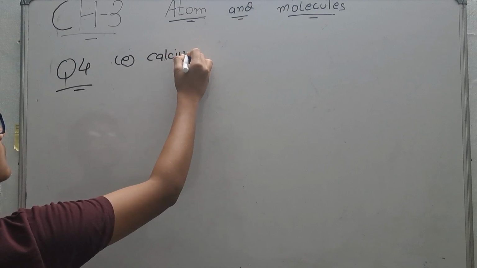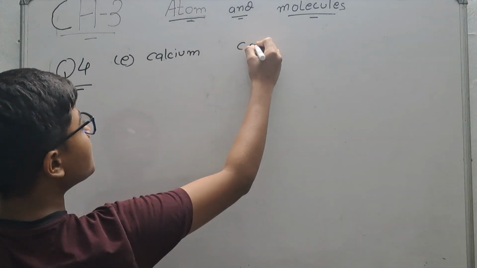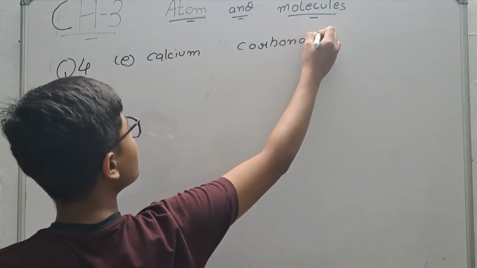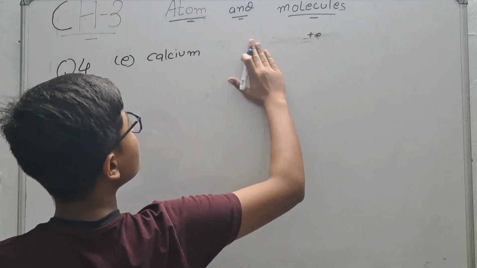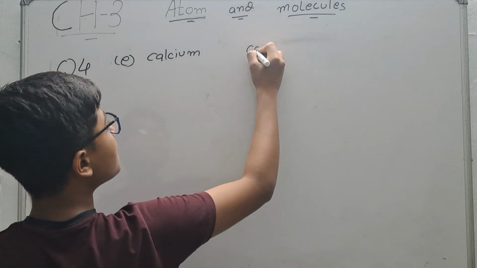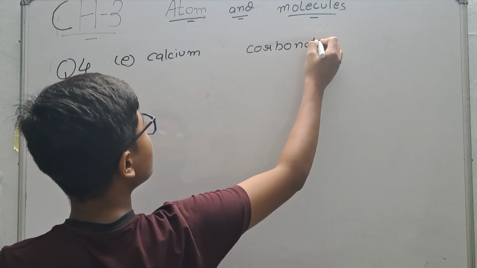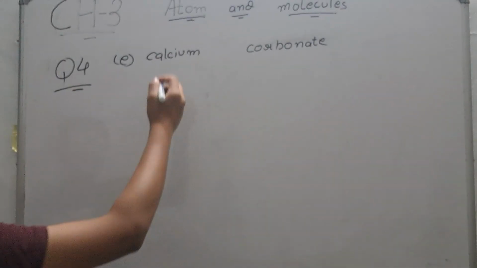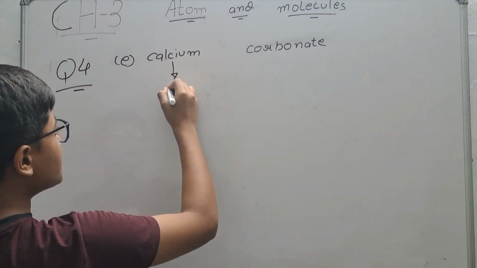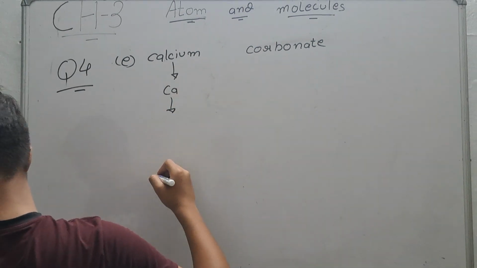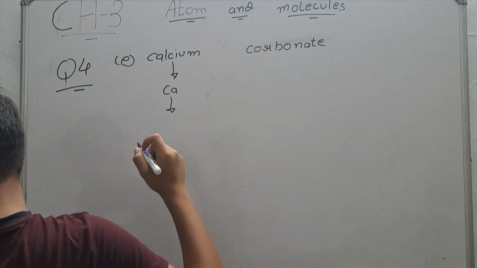Calcium carbonate. Calcium is denoted by Ca. The valency of calcium is 1.